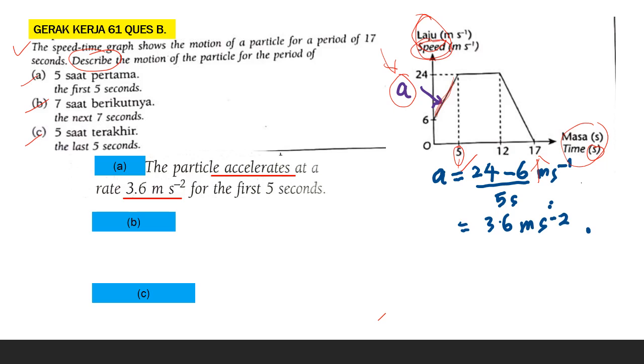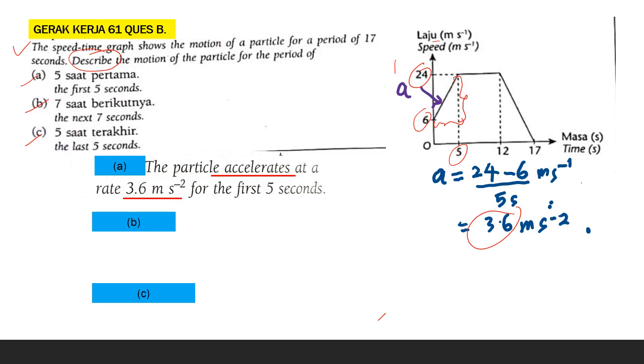So what you do is you find the gradient: 24 minus 6 over 5, this one over this one. That's where you get 3.6.